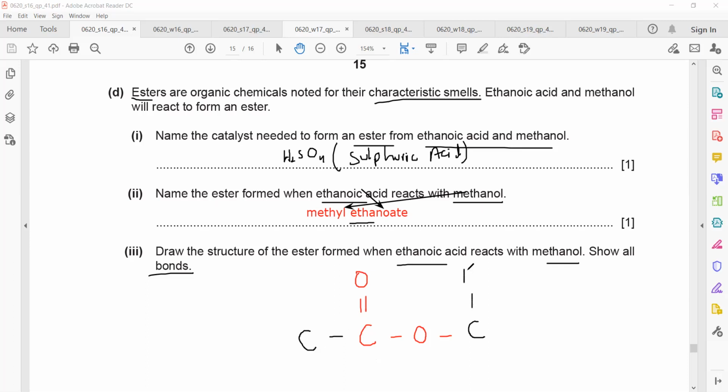Then you have to show all the bonds, so this will have three hydrogens, and this will also have three hydrogens. So this is the structure of methyl ethanoate.